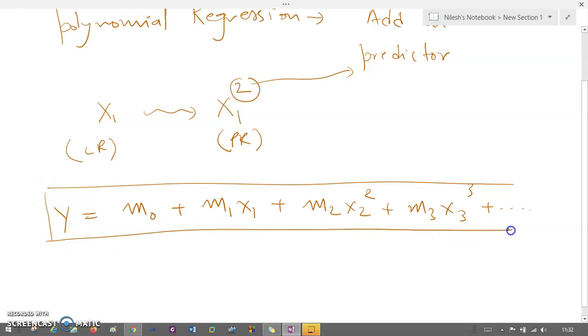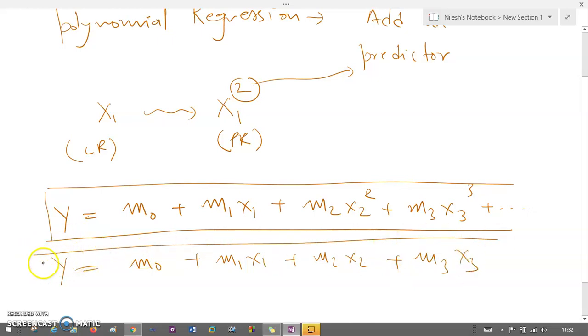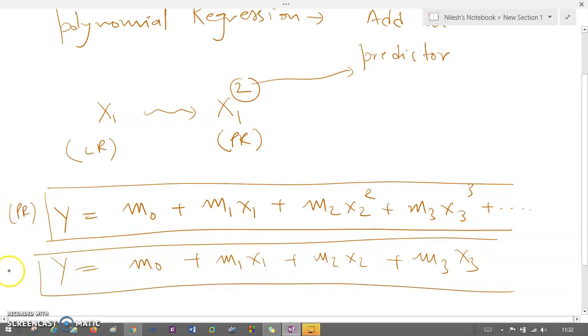If you compare it with your linear regression model, this is your PR, this is LR, and the only difference is you are adding powers to your original predictors, adding extra predictors.